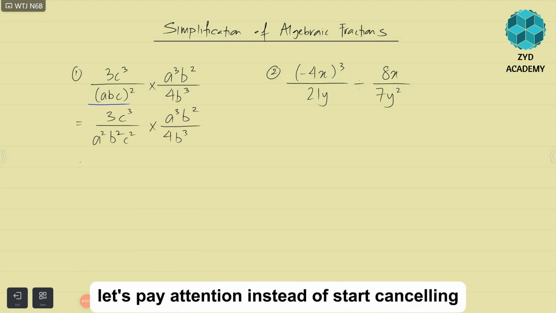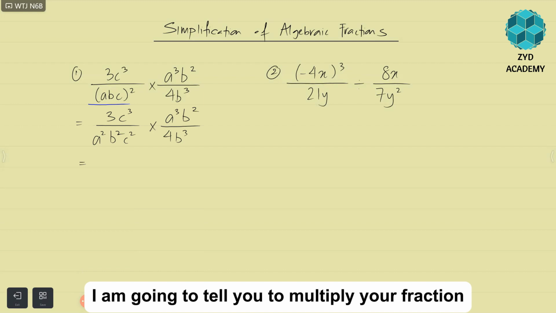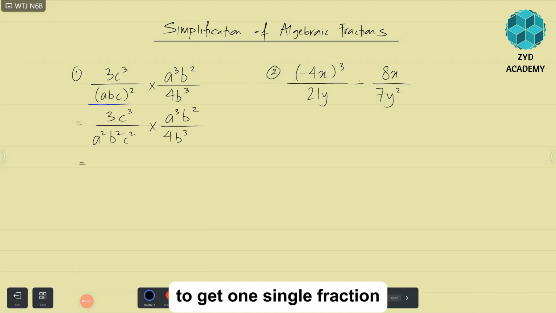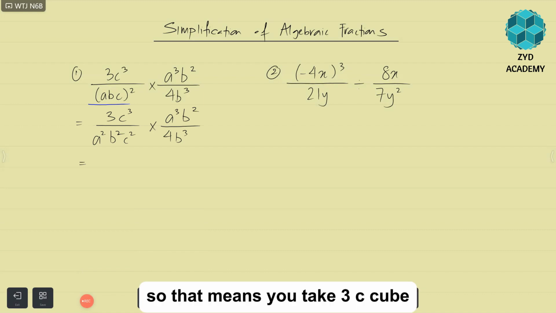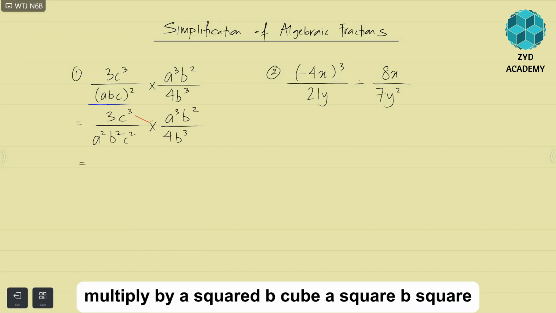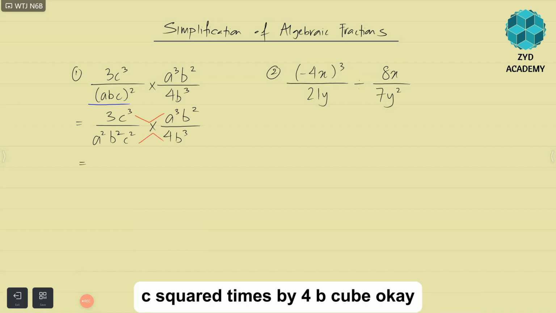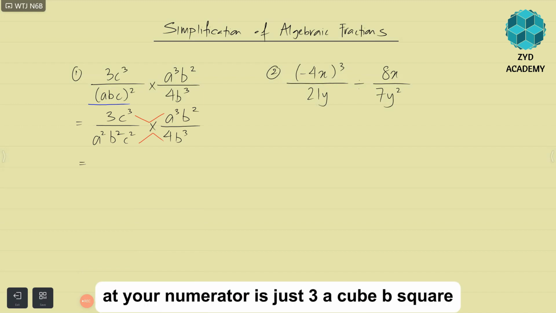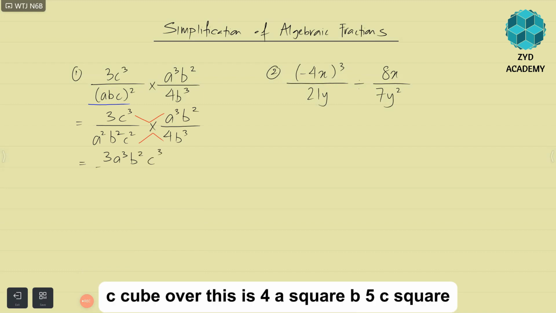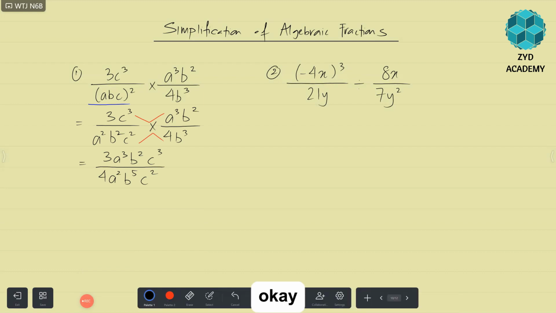Instead of starting to cancel, I am going to tell you to multiply your fractions to get one single fraction. That means you take 3c cubed multiplied by a cubed b squared in the numerator, and a squared b squared c squared times 4b cubed in the denominator. What you get at your numerator is 3a cubed b squared c cubed over 4a squared b to the 5th c squared.